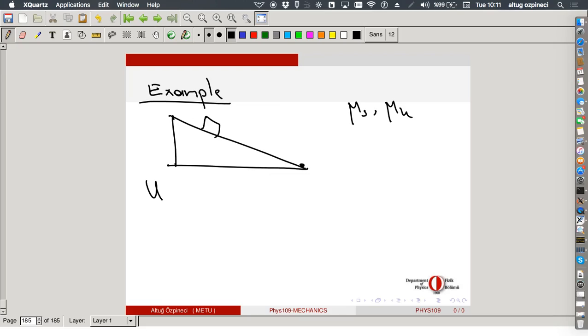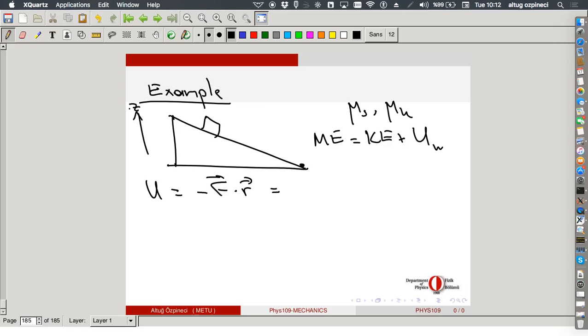So we can calculate the mechanical energy, which is the kinetic energy, plus the potential energy due to the weight of the object. Now, what is the potential energy of a constant force? We had already said that it is minus F dot R. So let's just choose this as our z-axis.